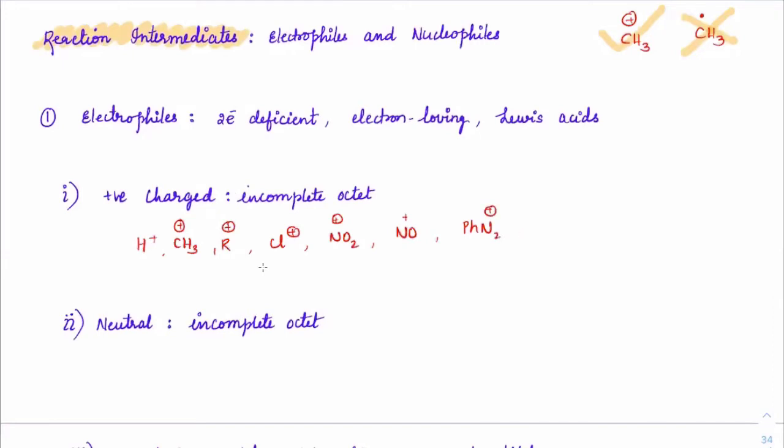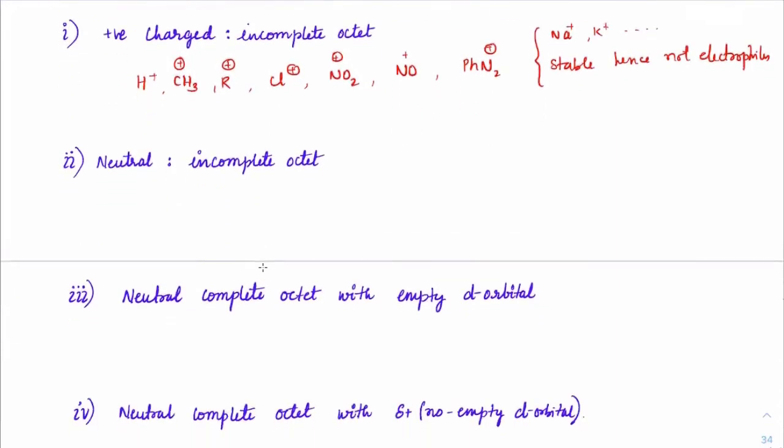Now you might think, sir, how about metals like Na plus, K plus? These are very stable forms. They are stable, hence not electrophiles. Okay, students, they are by nature very stable because sodium itself is unstable. Once it becomes sodium ion, Na plus, it will become highly stable. So it would rather want to be Na plus than Na. Okay, that is about positively charged electrophiles.